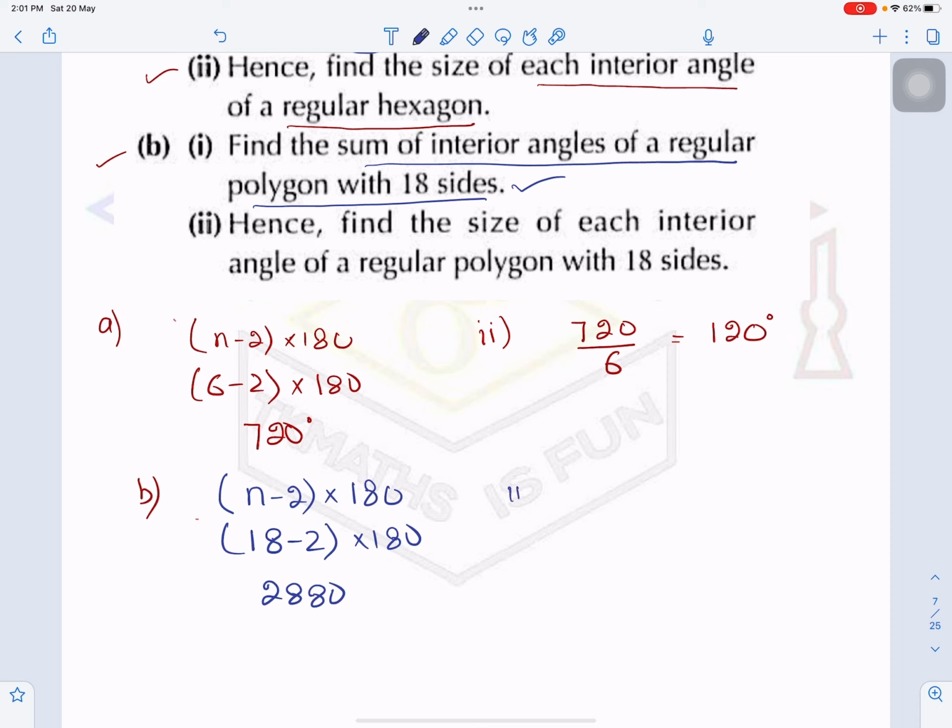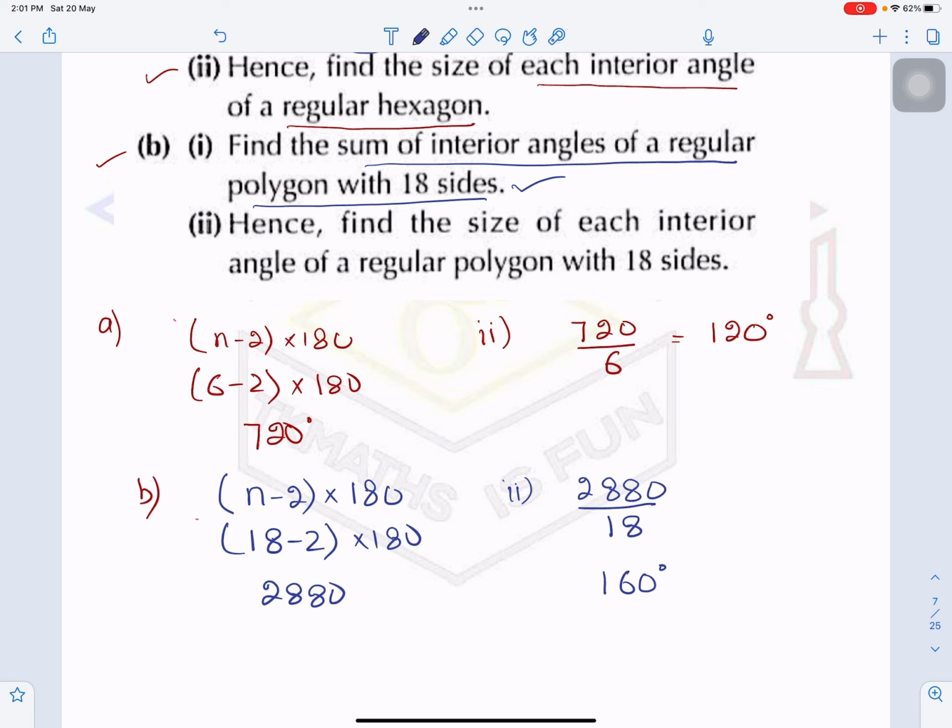Now what is part 2 saying? Find the size of each interior angle of a regular polygon. So exactly the same question, only the number of sides is increasing, right? This is called a drill or practice. So you will divide it by 18 and you will get the answer 160 degrees. So each interior angle will be 160 degrees. Okay.